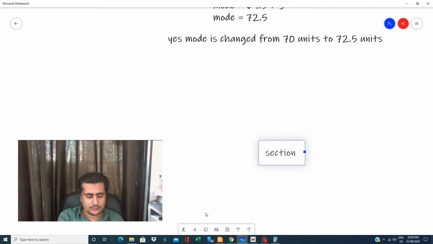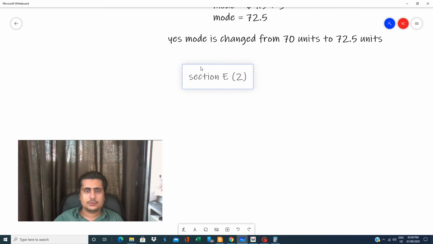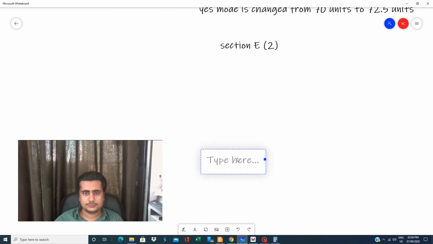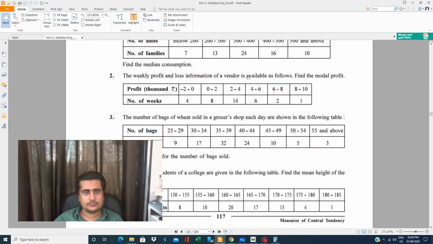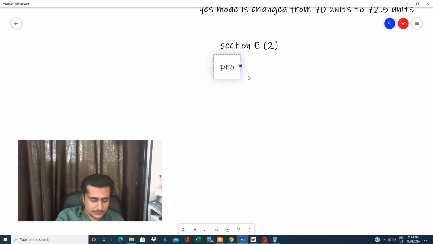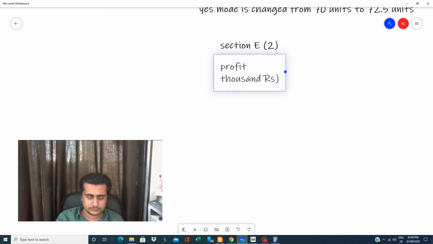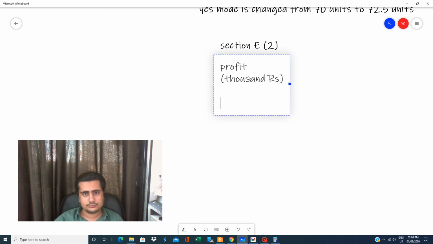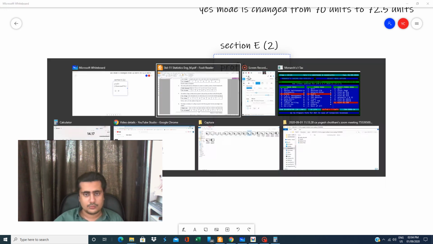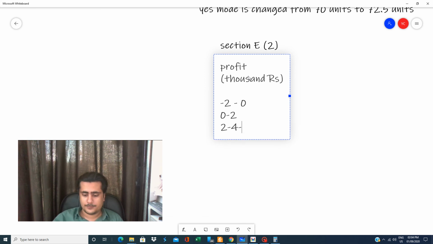So let us write the question. Section E, sum number 2. Profit in 1,000 rupees: minus 2 to 0, 0 to 2, 2 to 4, 4 to 6, 6 to 8, 8 to 10.